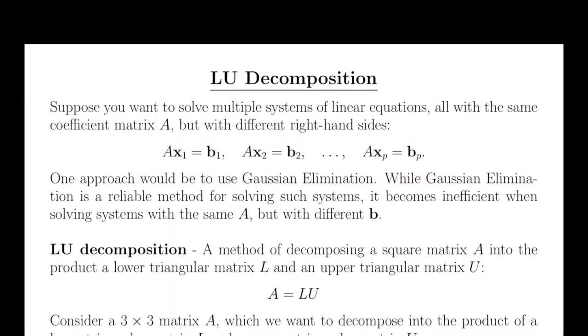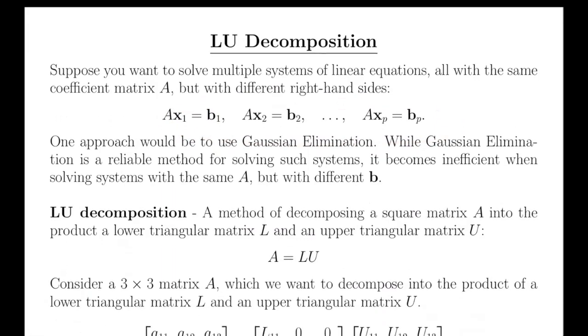A more efficient approach would be to decompose A into simpler matrices, and those matrices can be used to solve the system of linear equations. This is called LU decomposition.